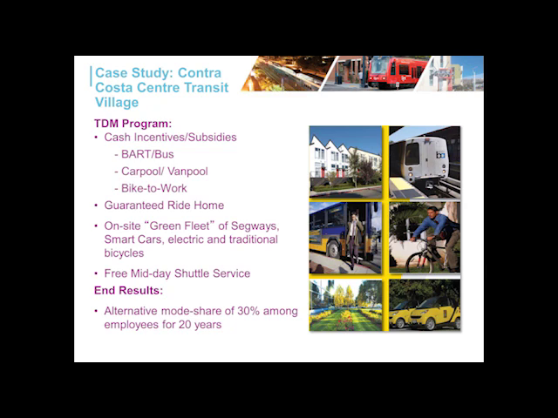Another example in the Bay Area is the Contra Costa Center Transit Village, located around the Pleasant Hill BART station in the East Bay, which is a very successful combination of TDM programs and other services, shuttles, and the like. So this is kind of another example of the model that has been developed at many of the stations, and primarily private sector. In some cases there's public involvement, but many of these are strictly a private sector program that's developed.